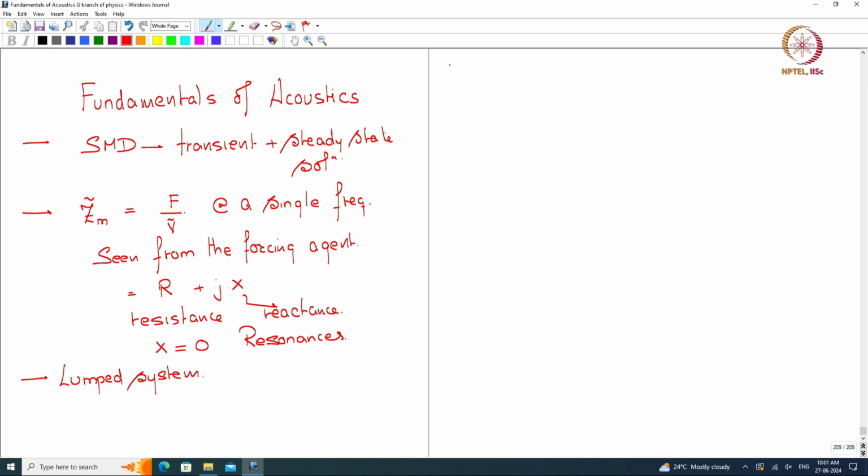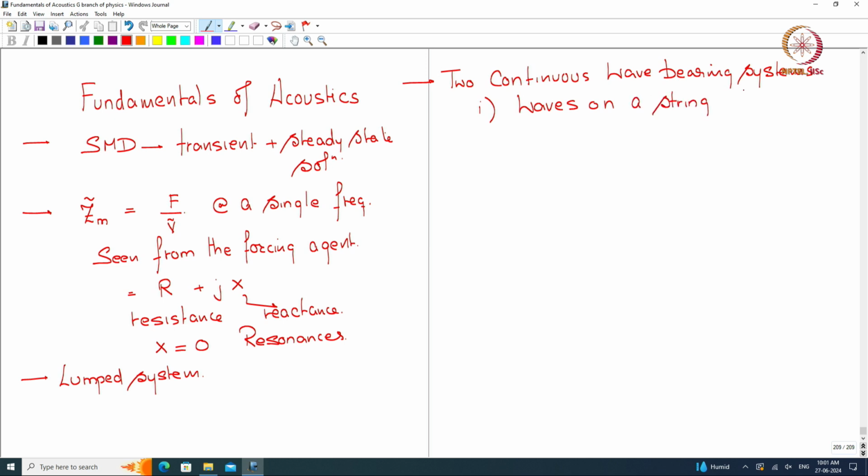Then we looked at two continuous wave bearing systems. One was a string, waves on a string, okay. These are transverse waves.